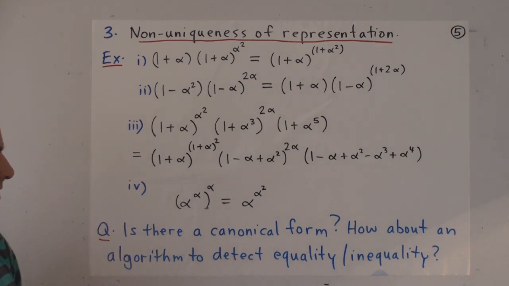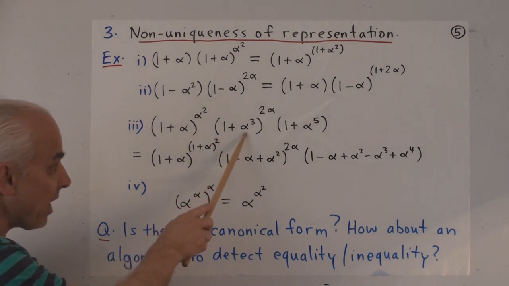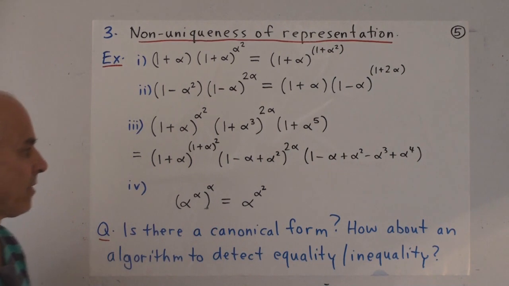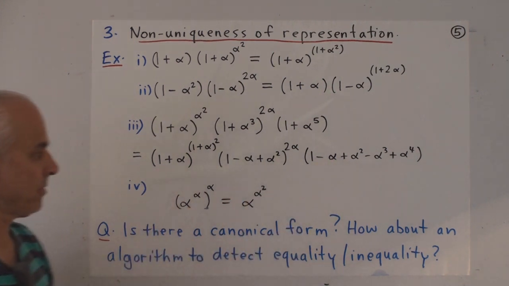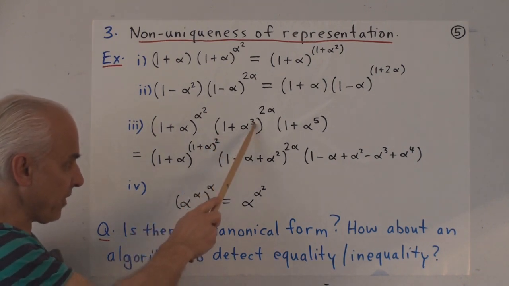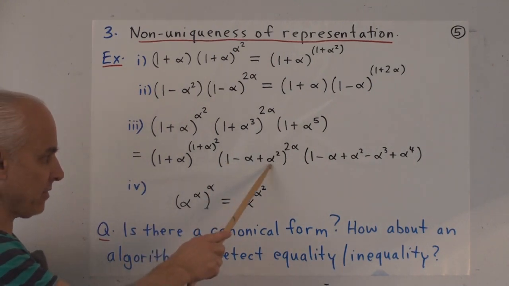Let's go up in subtlety a little bit more. Here's 1 plus alpha to the alpha squared, 1 plus alpha cubed to the 2 alpha, 1 plus alpha to the 5th. I claim that can be rewritten like this. It might not be entirely obvious why, but it turns out that 1 plus alpha cubed has 1 plus alpha as a factor, and here's the other factor.